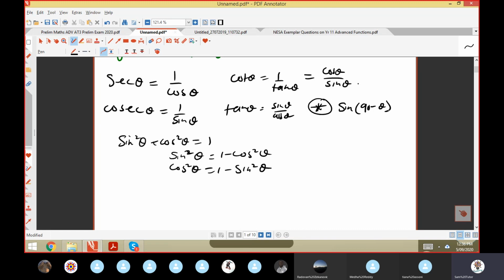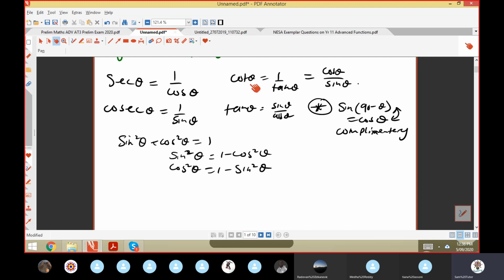Sine 90 minus theta is cos theta, and vice versa. They're called complementary. The reason why these are called complementary is obviously because this is called cosine. Cosine is complementary of sine, just like cosec would be complementary to sec.